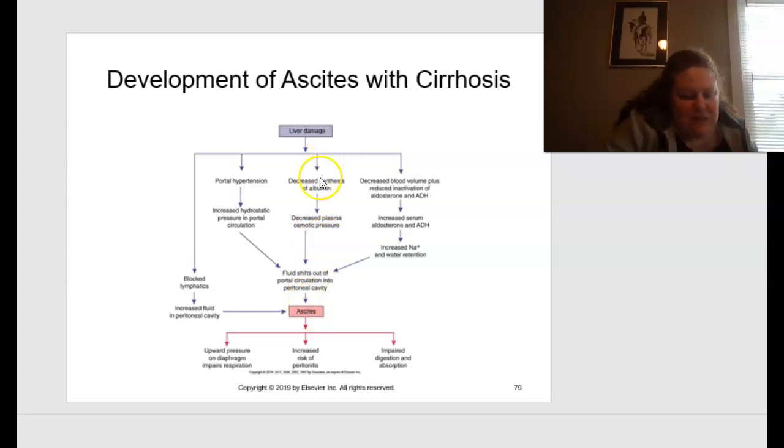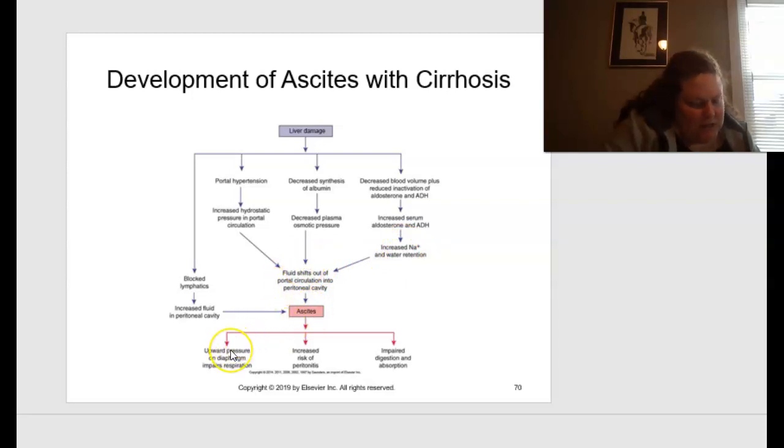You can have decreased synthesis of albumin, causing decreased plasma osmotic pressure, and this can again lead to those fluid shifts and ascites. You can also have decreased blood volume plus the reduced inactivation of aldosterone and ADH, and this can lead to increased serum aldosterone and ADH and increased sodium and water retention, therefore leading to that fluid shift and ascites.